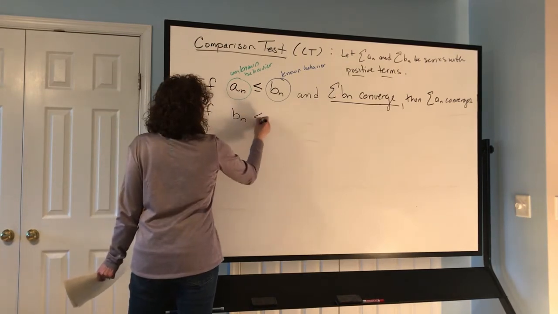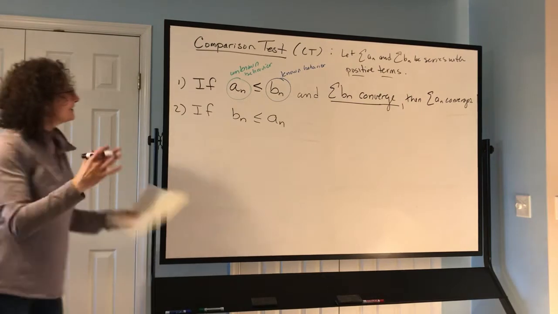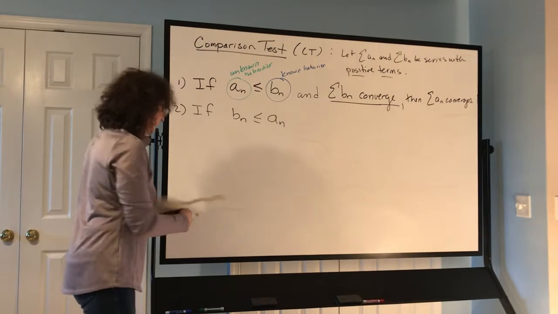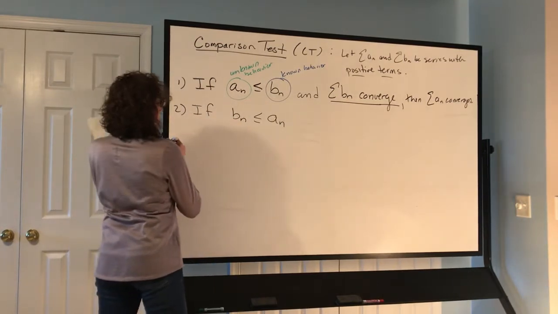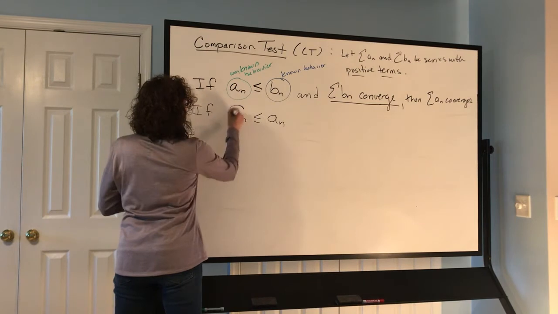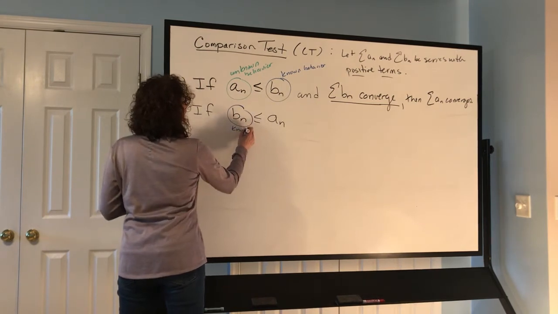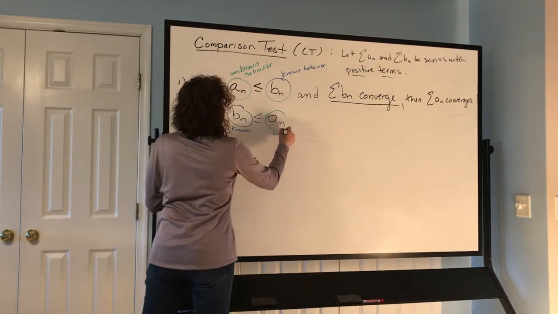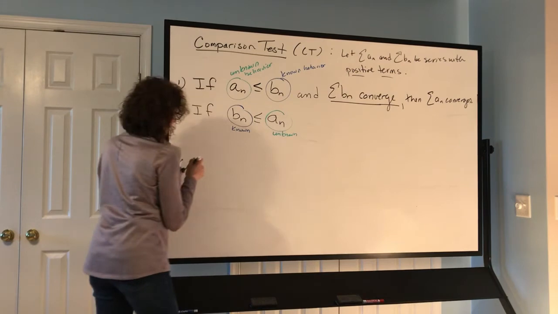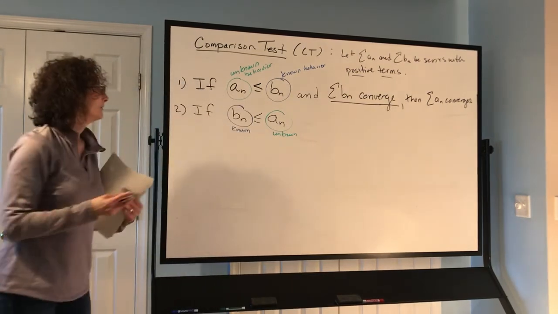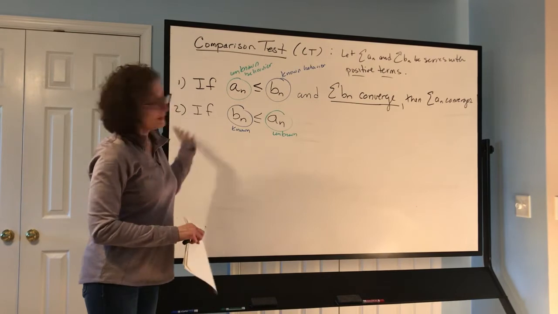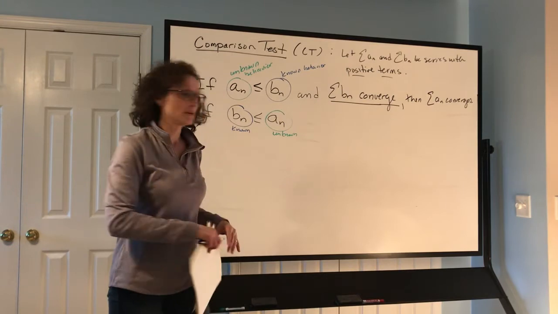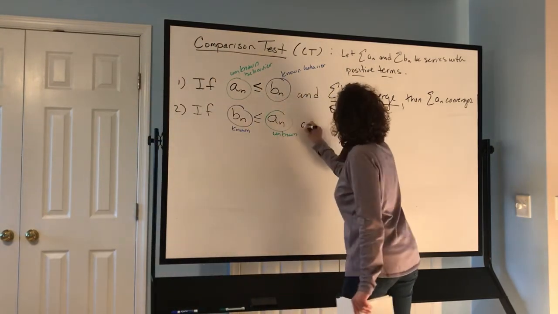And then what's the other way? If my b_n's are smaller than my a_n's, now you could write it the other way with a_n bigger than or equal to b_n, but I still like thinking of it this way. It just makes more sense to me. This guy's our known, this guy's our unknown. So I have a known guy, and at least after some number n, all of these guys are smaller than these guys, or equal to.